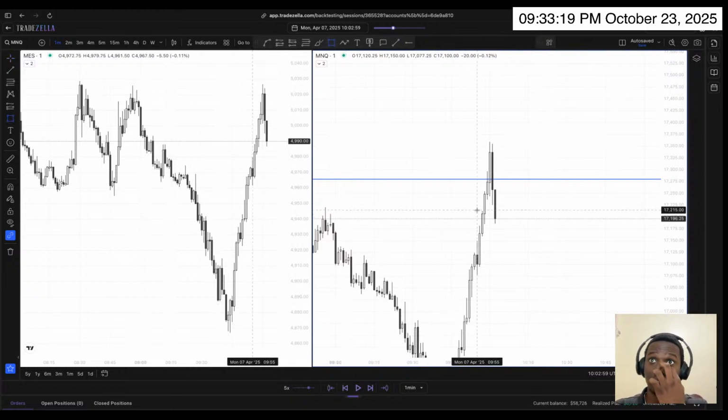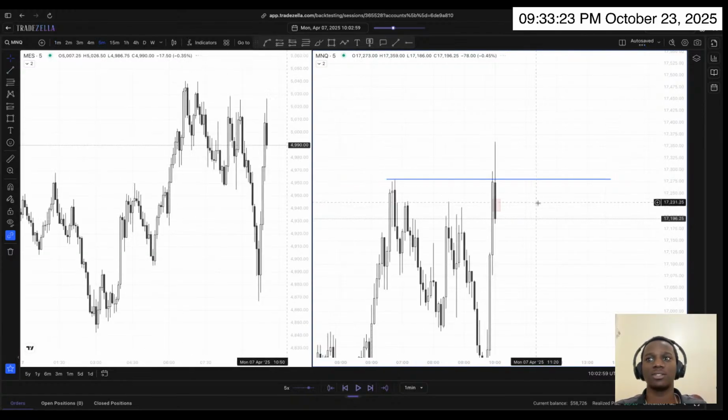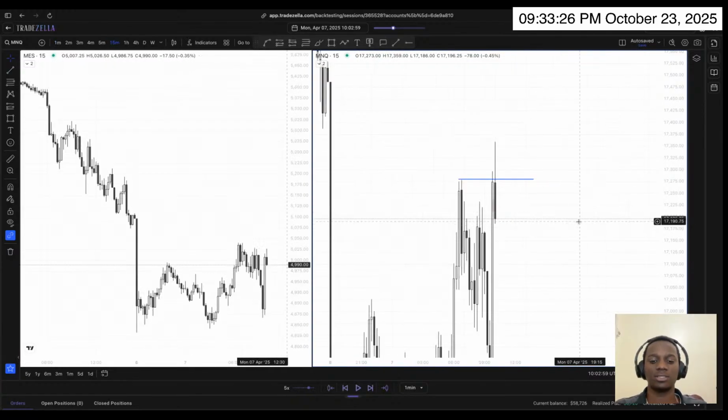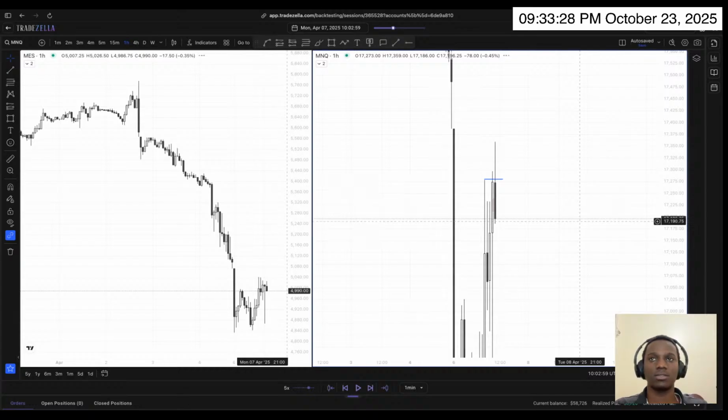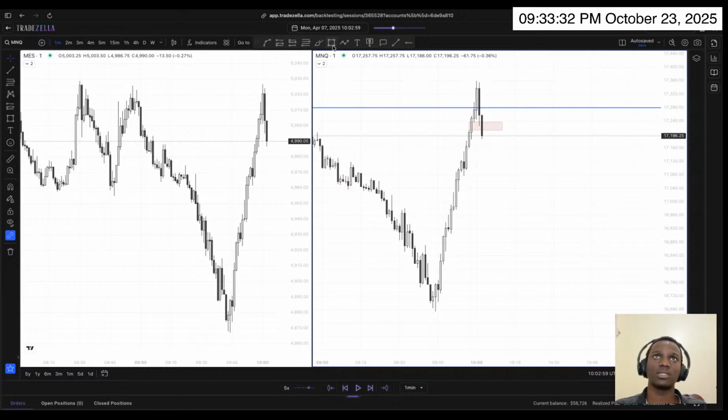Now it lives behind this inversion. I'd like to sell from it. How's the 5? How's the 15? How's the 1 hour? Okay, I'd like to sell it from here, or at least a discount gap, probably here.